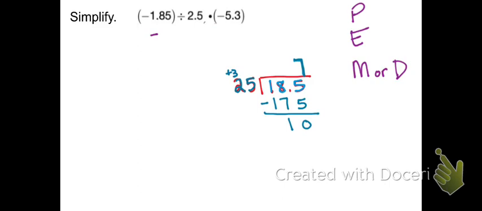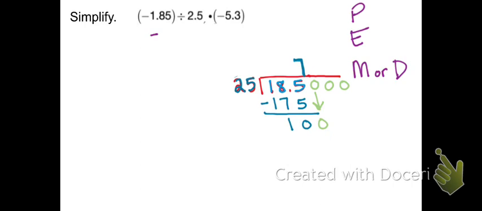So I have a remainder. I want to keep going and see if I can get rid of that remainder. So I need to add a number. What number would that be next to this 5, so I have something to bring down? It would be a 0. We can add as many zeros as we want after this. Let's just start with 1 and pull that down. Now we have 25.